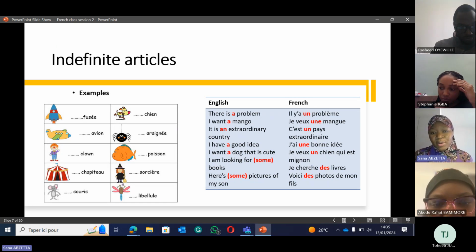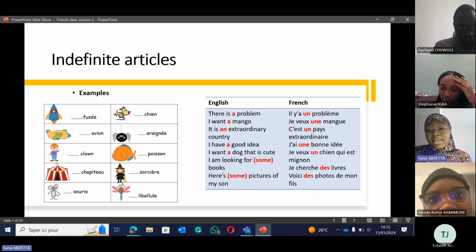I just said that I put here some small example sentences that we can try, to apply what we learn so far. If you want to say simply there is a problem, you will say il y a un problème. I told you that most of the words that end with E are feminine. But there are some exceptions. Problème, for example, is a masculine word, and mangue for mango is a feminine word. So there is really not a rule to know the gender of the word.